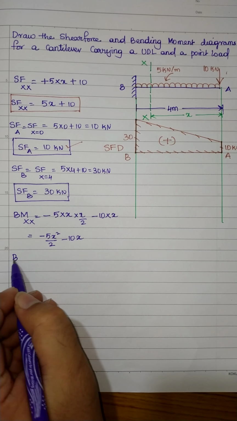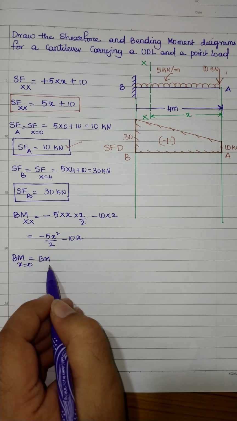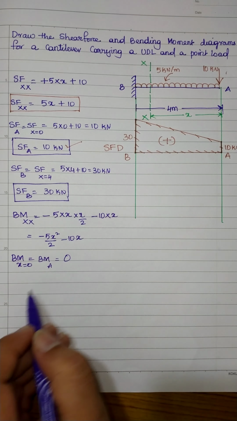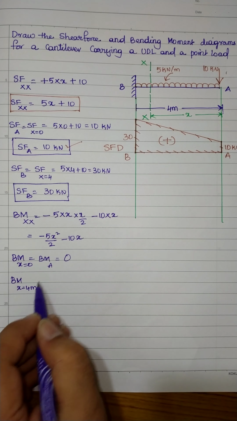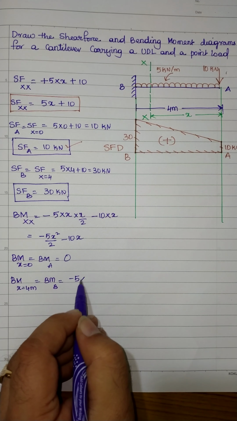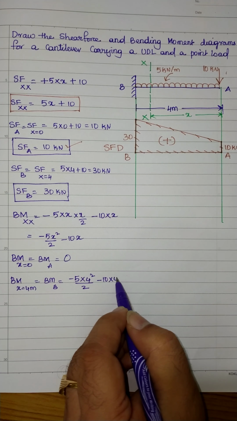Now bending moment at x equal to 0, that means bending moment at point A. When I substitute 0 here, we will get a value of 0. Similarly, bending moment at a distance of x equal to 4 meters, that means bending moment at point B: minus 5 times 4 square divided by 2 minus 10 times 4.